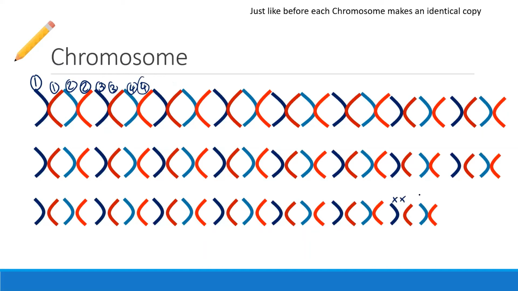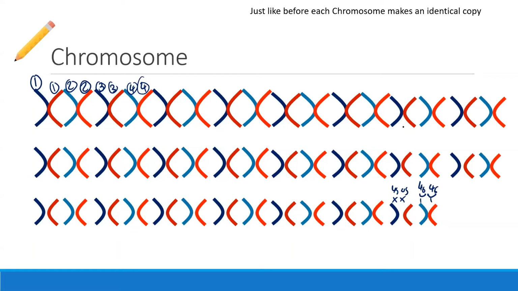X, X, Y, Y, whatever. It doesn't matter. This would be 45, 45, 46, 46. Each of these has now made a copy. This is just like mitosis so far, okay?